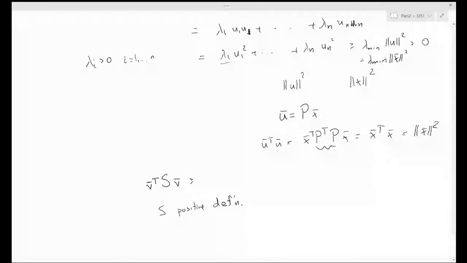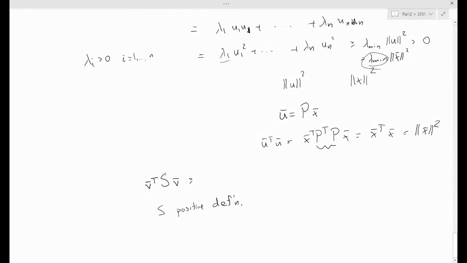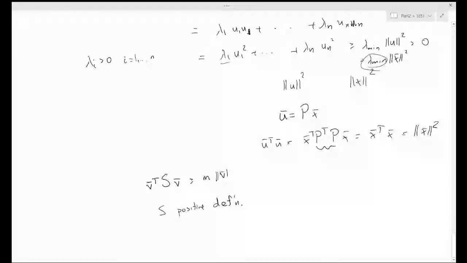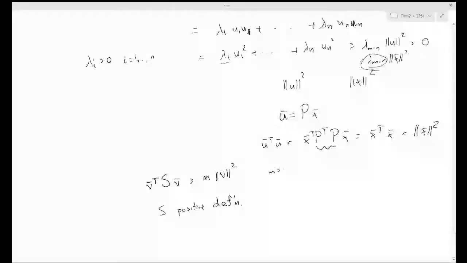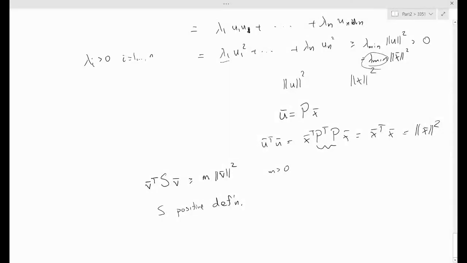Here I found it explicitly as the minimum eigenvalue, but some number m times the magnitude of v squared, where m is positive. Anyway, I thought that would lead me to an idea for the proof of the test for positive definite, but sorry. Anyway, unless you have more questions.